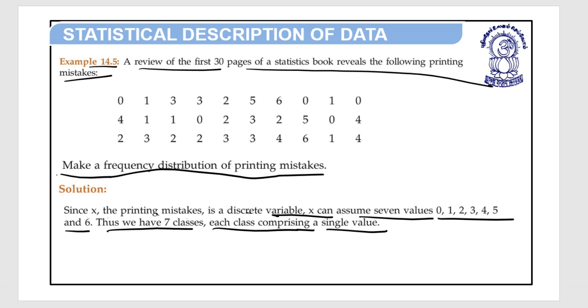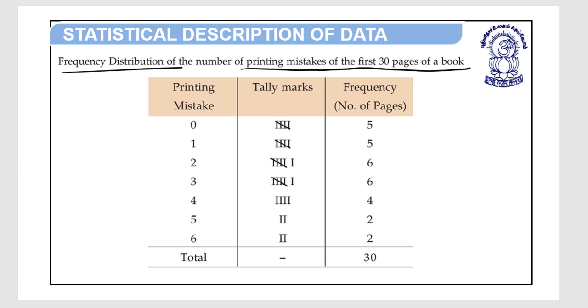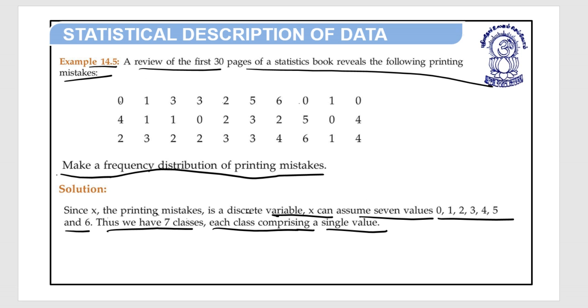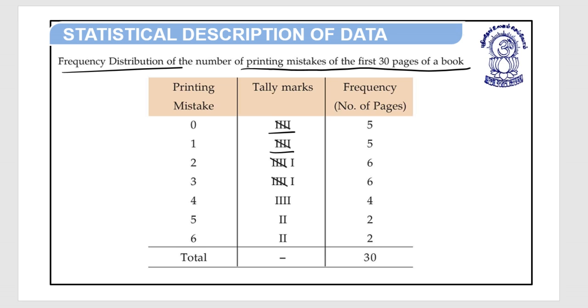Tally marks: 0 occurs 5 times, 1 occurs 5 times, 2 occurs 6 times, same as 3, 6 times. 4 occurs 4 times. 5 occurs 2 times. 6 occurs 2 times.